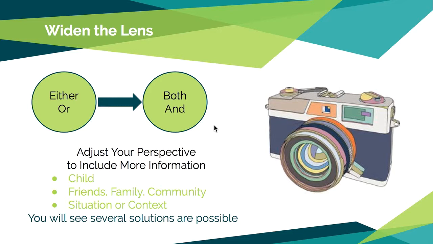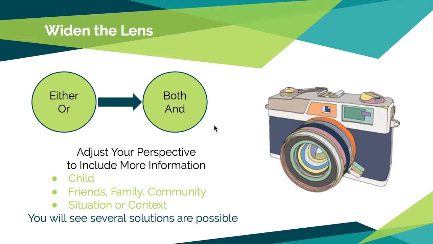What is the situation that you're dealing with or the context of what's going on? And you'll see that by widening the lens and getting more information, we can make better informed decisions for our learners. And we talked about this a little bit when it came to connecting with the families, how important their perspective or their information is.